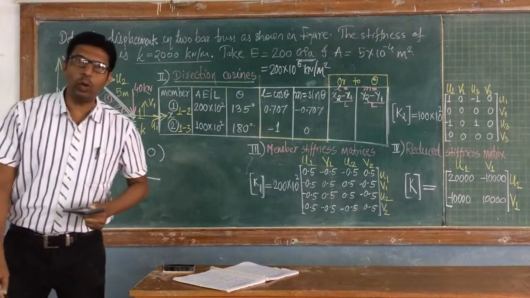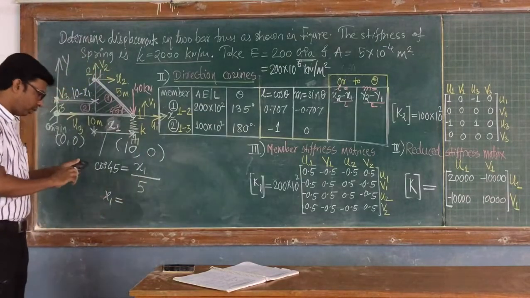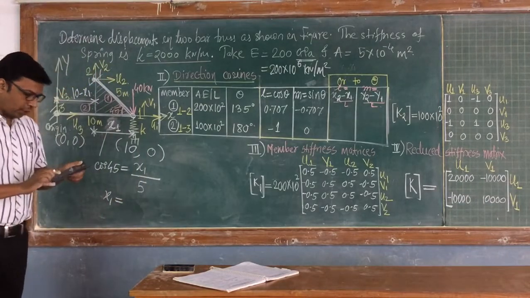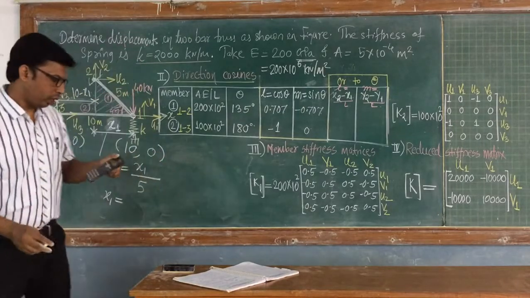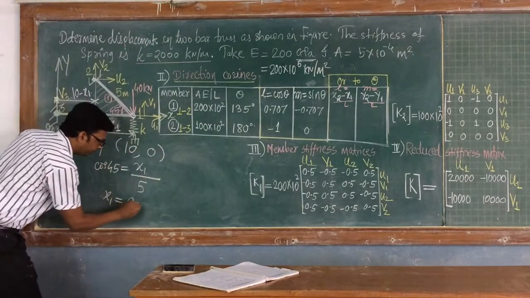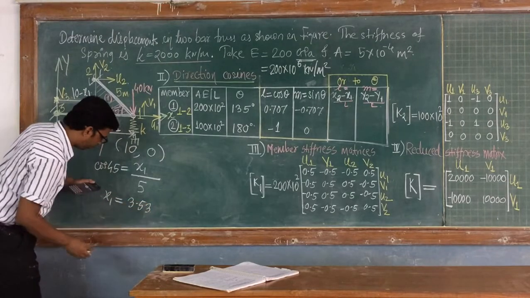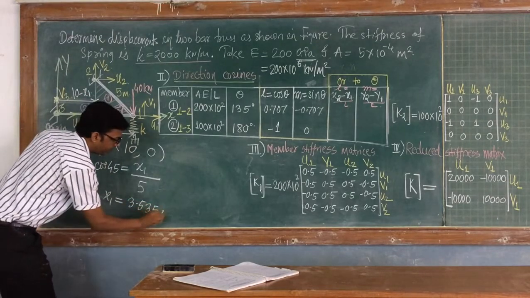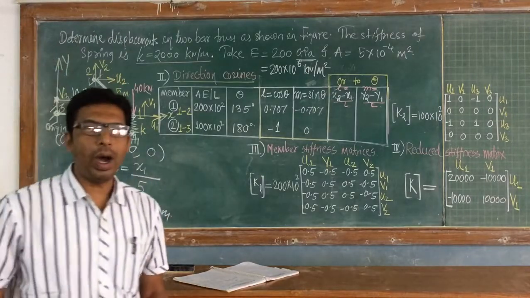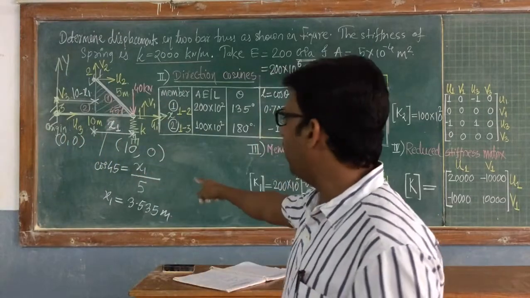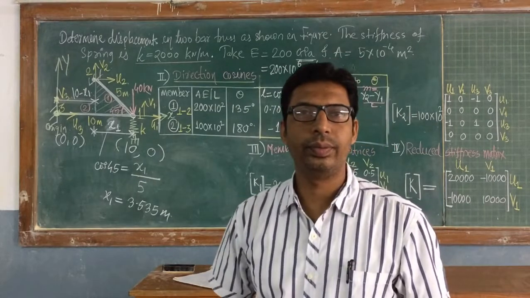So x1 is equal to cos 45 into 5, so x1 is equal to 3.535 meter.